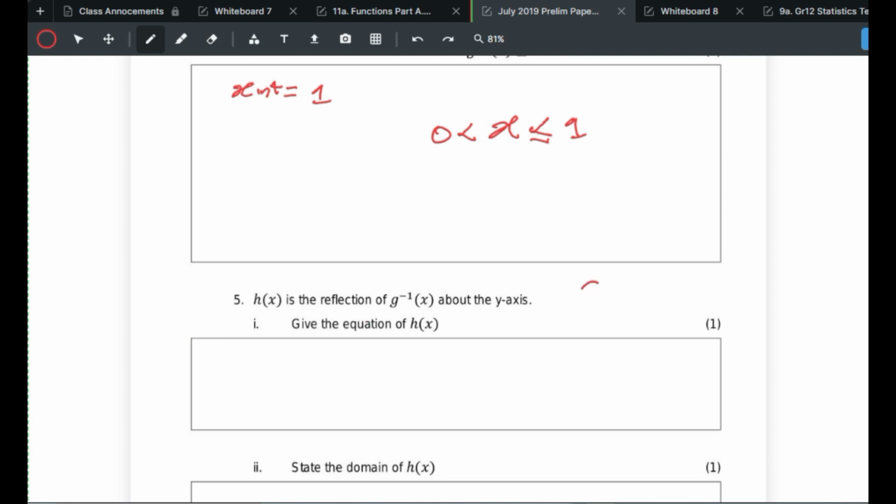So basically (x, y) becomes (-x, y). Negative like this.